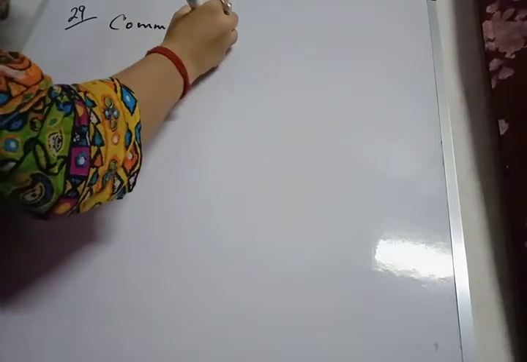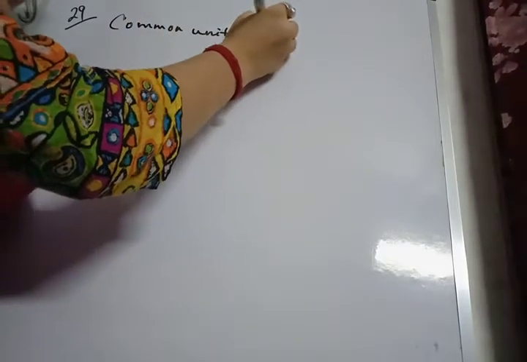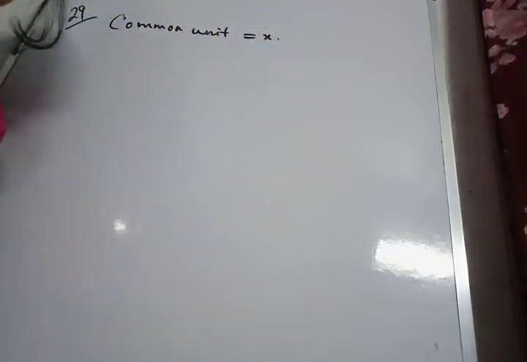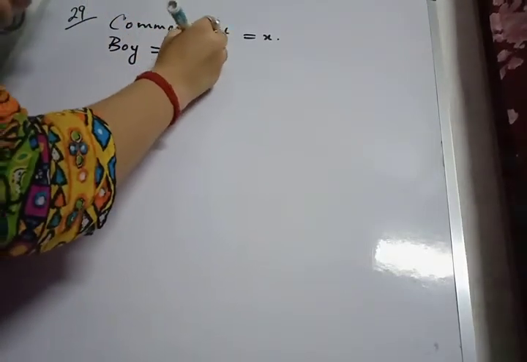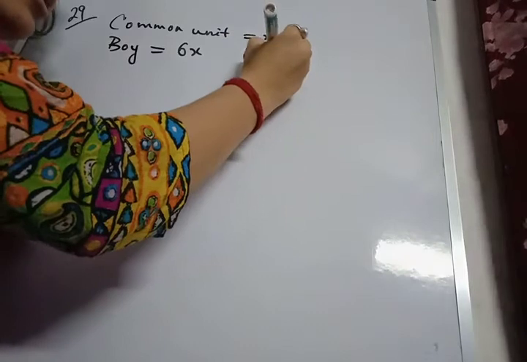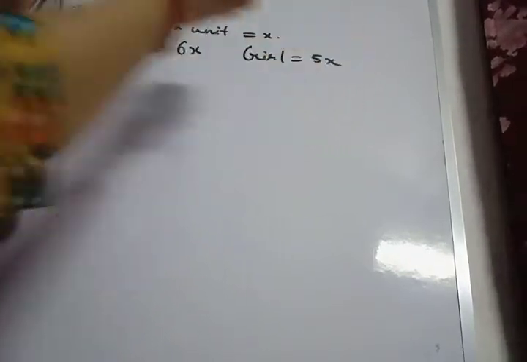So first of all, common unit we are taking as x. Since boy and girl ratio is given, boy will be 6x and girl is 5x. Now the total boy and girl is equal to 550.